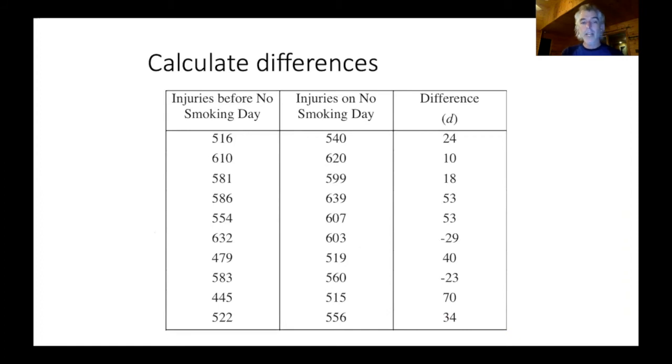And so here's what the data look like again. And all I've done here is to calculate this value, this difference between the no smoking days and the days prior to the no smoking days. And so now we have a set of observations that correspond to these differences between paired observations.